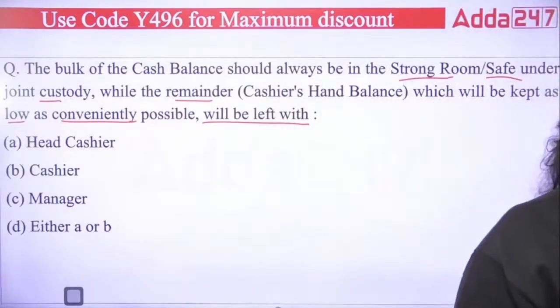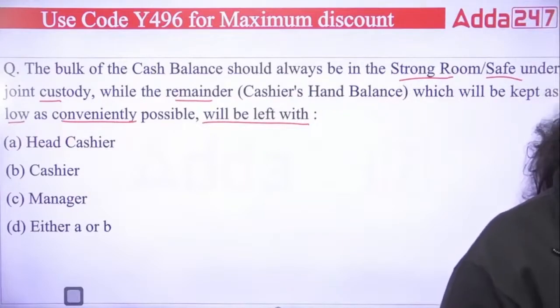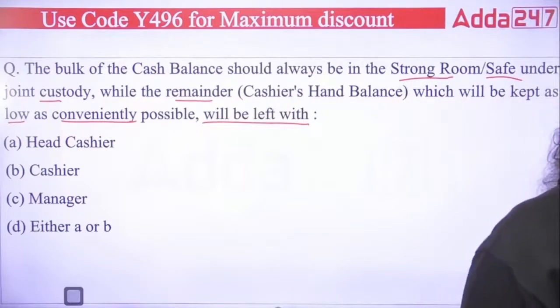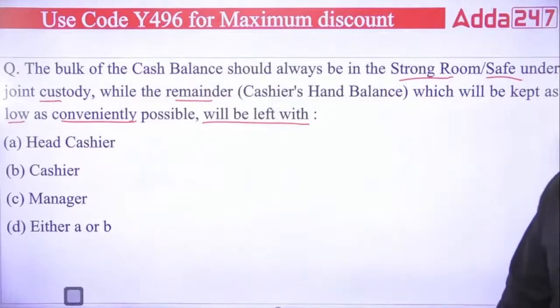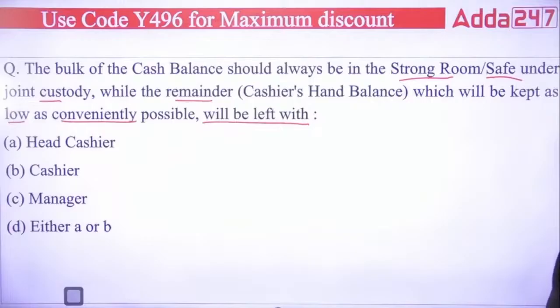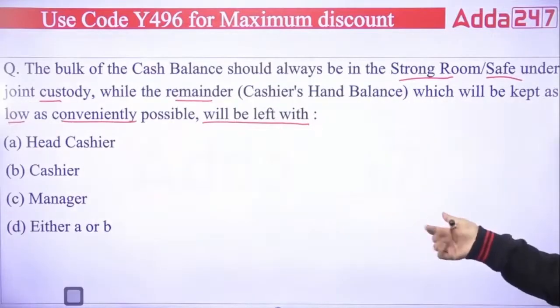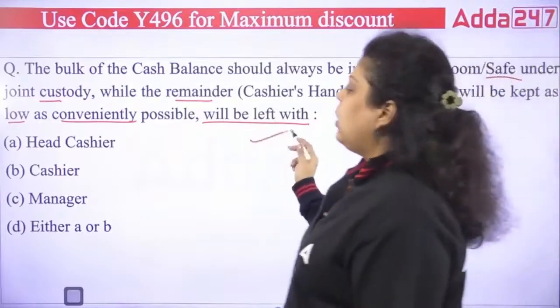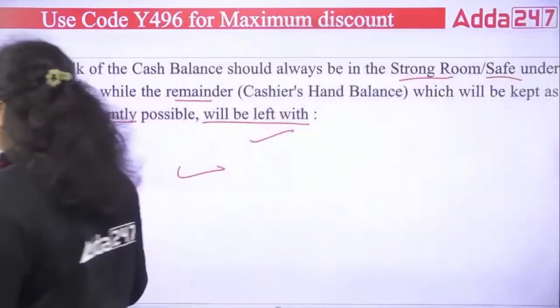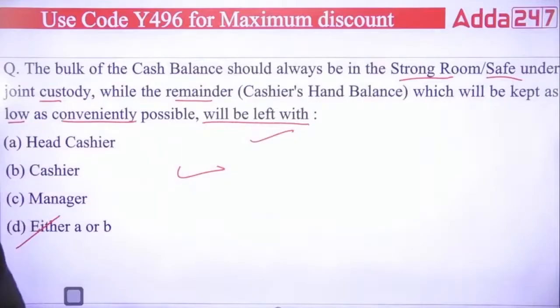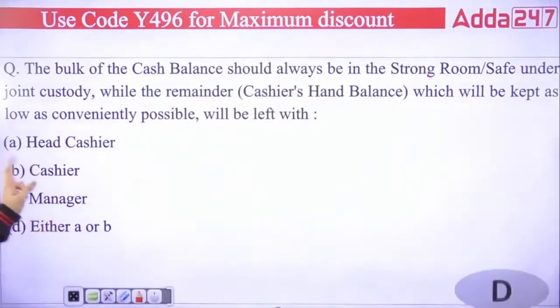The question is simply saying the bulk cash balance should always be in the strong room under joint custody. But apart from that, the remainder, which will be kept as low as conveniently possible, will be left with the head cashier or the cashier. It means the right answer will be either A or B.